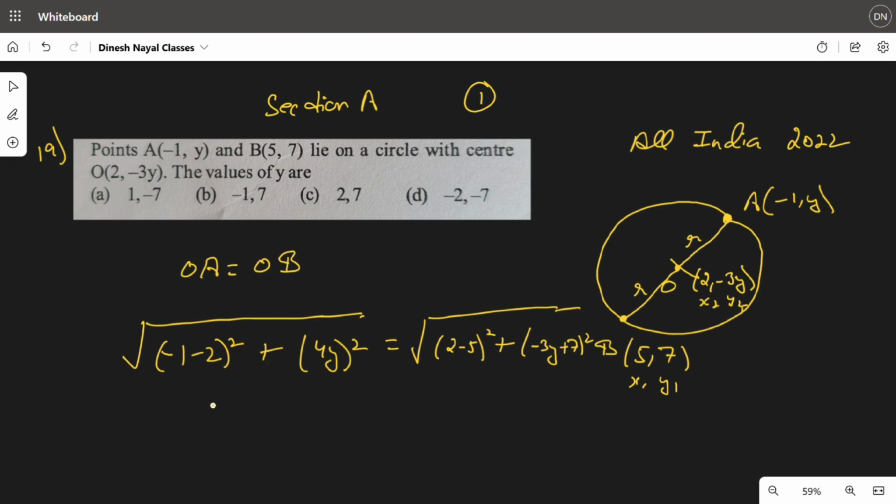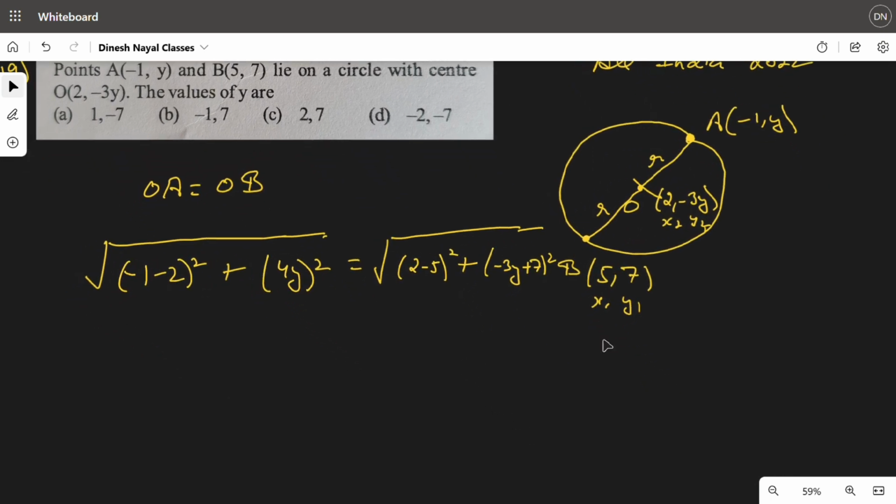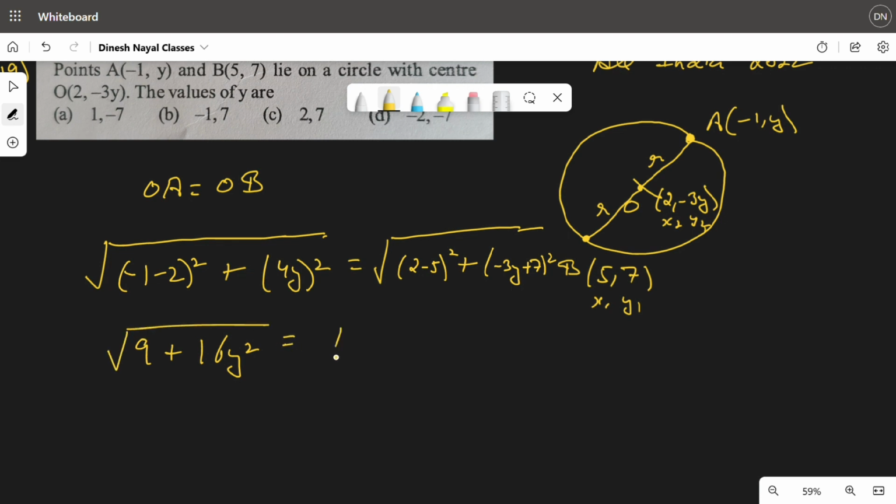Now see, minus 1 minus 2 is minus 3, and then you do minus 3 whole square. So minus 3 whole square will be 9 plus this is 4y square. So you can write this as 16y square whole under root.